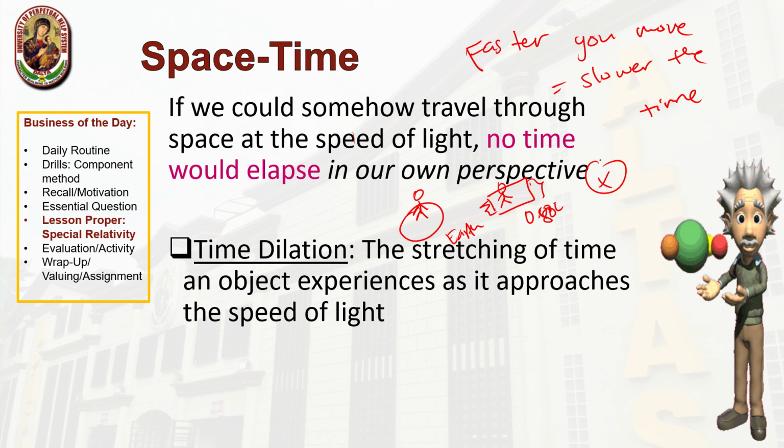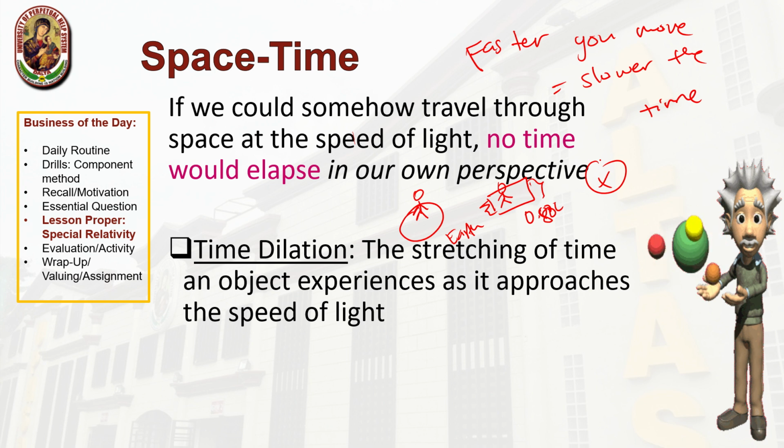The astronaut in the spaceship traveling 0.80 c, or 80% the speed of light, would actually have a slower or shorter time recorded compared to the person on earth. And what are we recording?